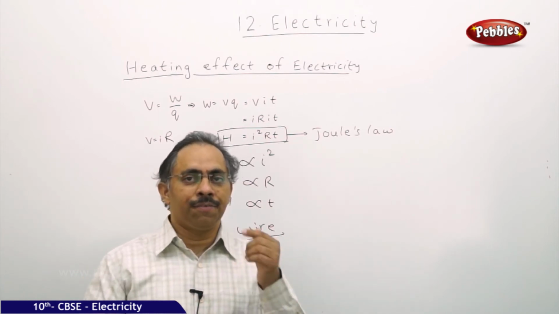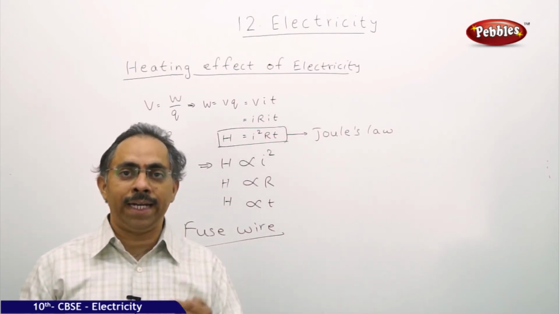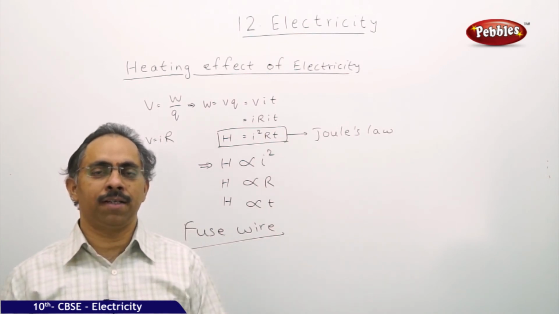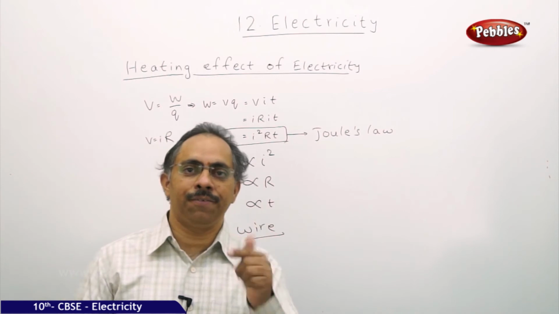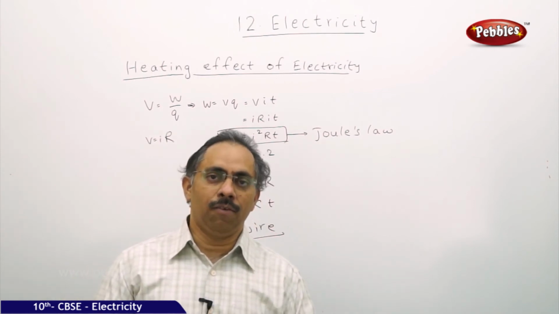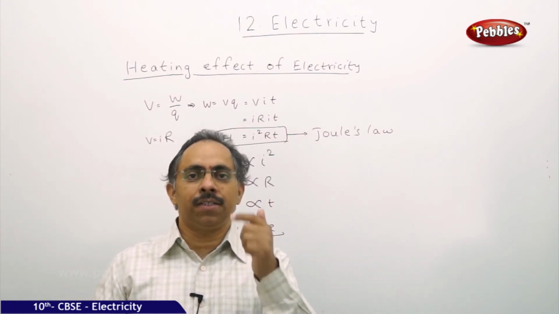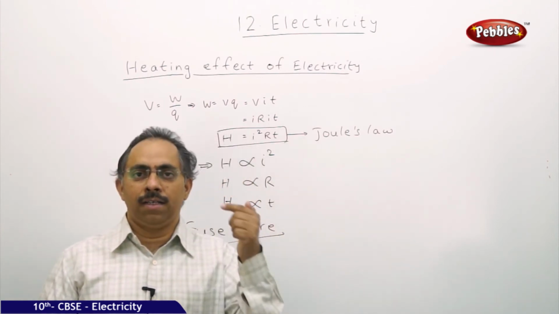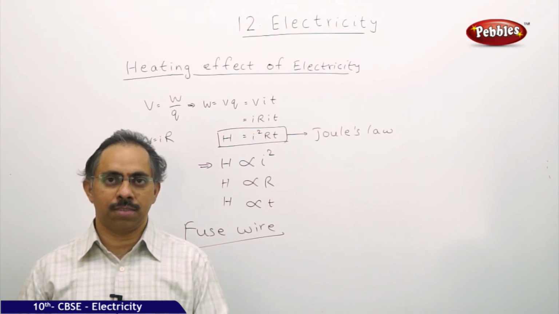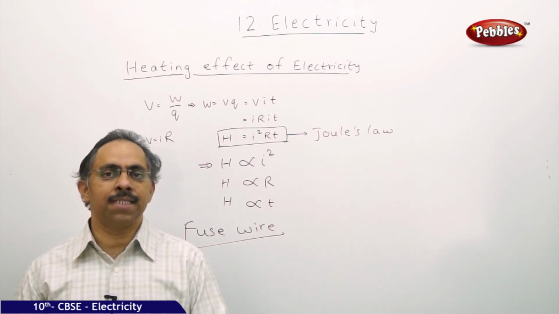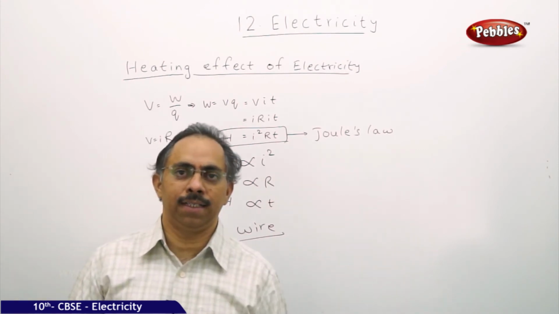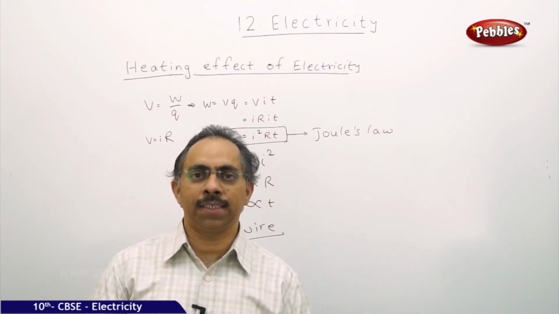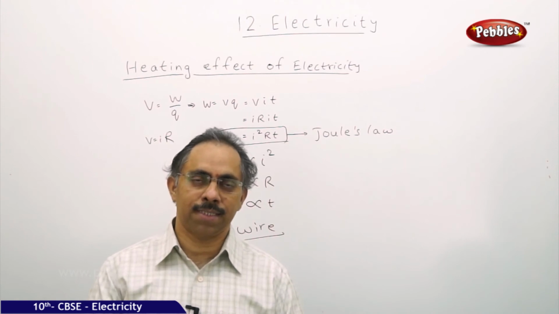If the fuse wire does not have a proper rating, there is a proper rating for the fuse wire. You cannot use any kind of wire as a fuse wire. If you replace it with a wrong wire instead of the prescribed wire, the fuse wire will not melt, thereby allowing a high current to pass through the appliance and damaging it.